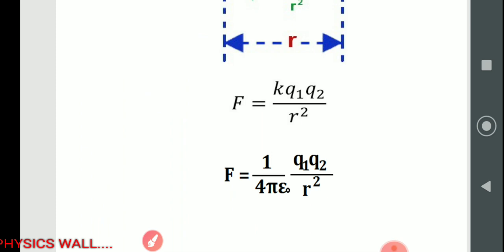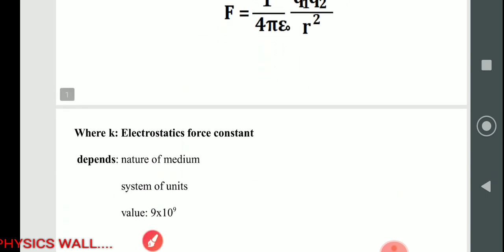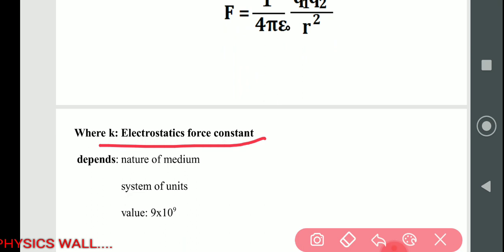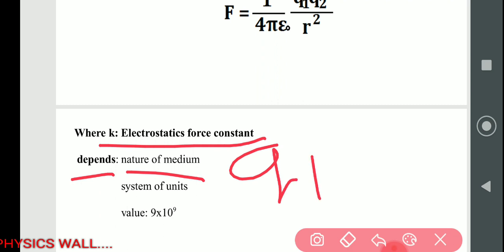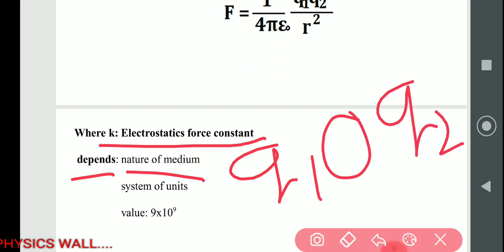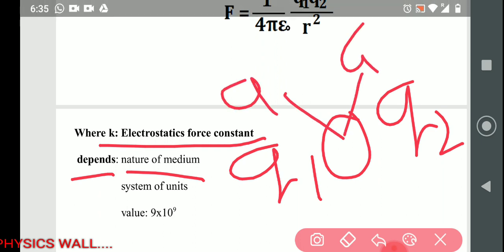So, what is k? It is the electrostatic force constant. The value of k depends upon two things. Number one, nature of the medium, meaning what medium is between the charged particles: air, glass, water or something else.